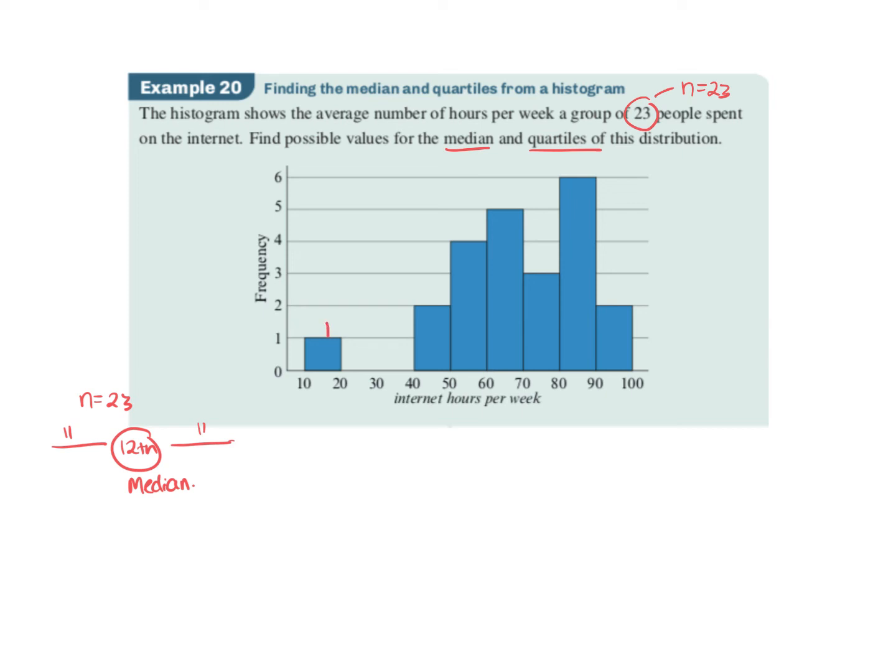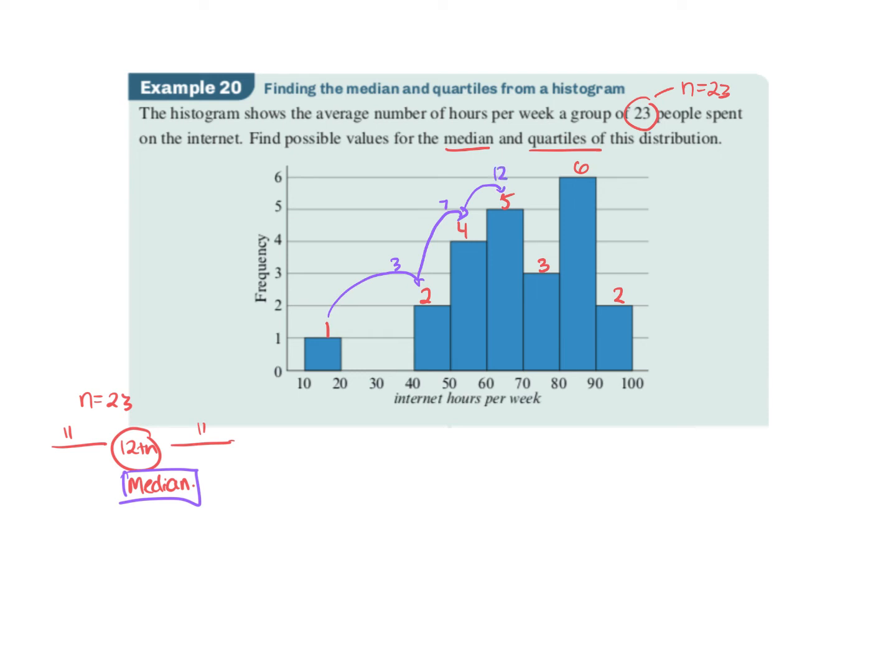If we add up all the frequencies, we've got 1, 2, 4, 5, 6. Sorry, I missed this one, which was 3 and 2. So the median is at the 12th. 1 plus 2 is 3, plus 4 is 7, plus 5 is 12.